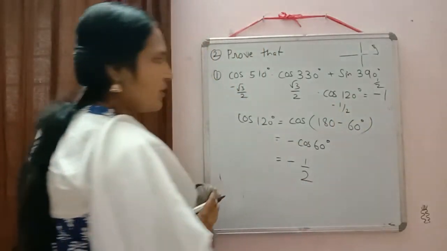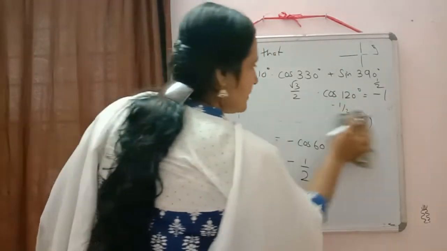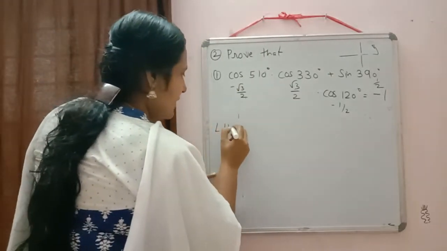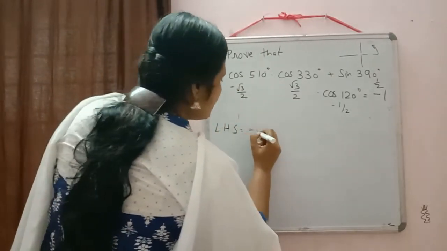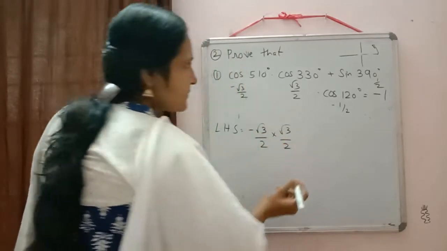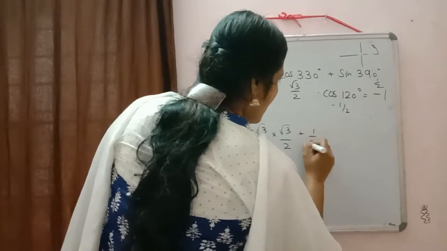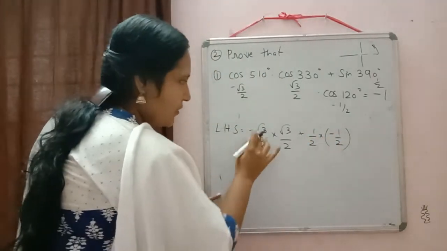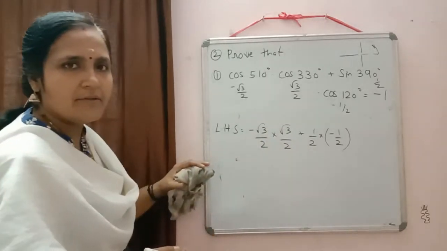So now we have got all the values. We will substitute the values in the left hand side. So in the left hand side we are getting minus root 3 by 2 into root 3 by 2 plus 1 by 2 into minus 1 by 2. Root 3 into root 3 will be equal to 3.